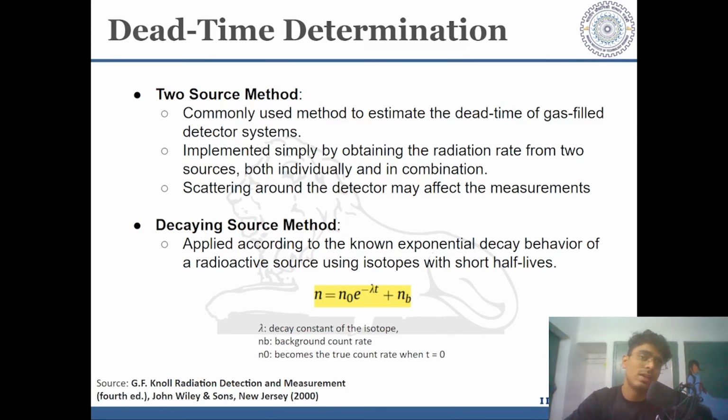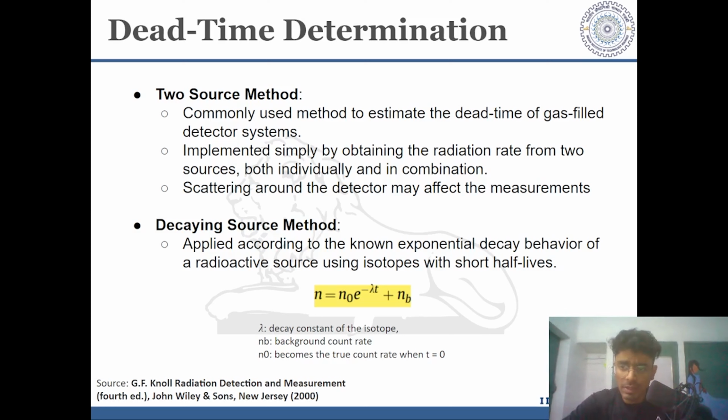I'm going to talk about the determination methods which were used previously. One of the most common methods for determining the dead time of a detection system is the two source model. It is commonly used to estimate the dead time of a gas filled detection system. The method can be implemented simply by obtaining the radiation rate for two sources, both individually and in combination.